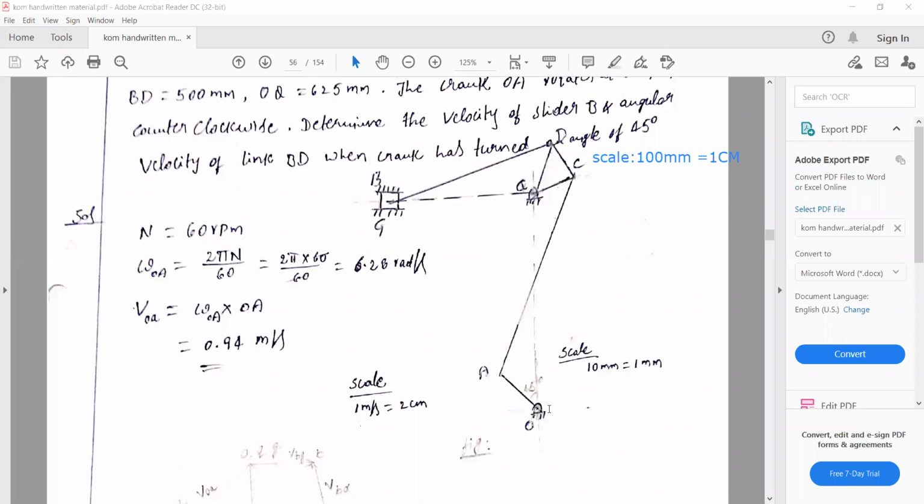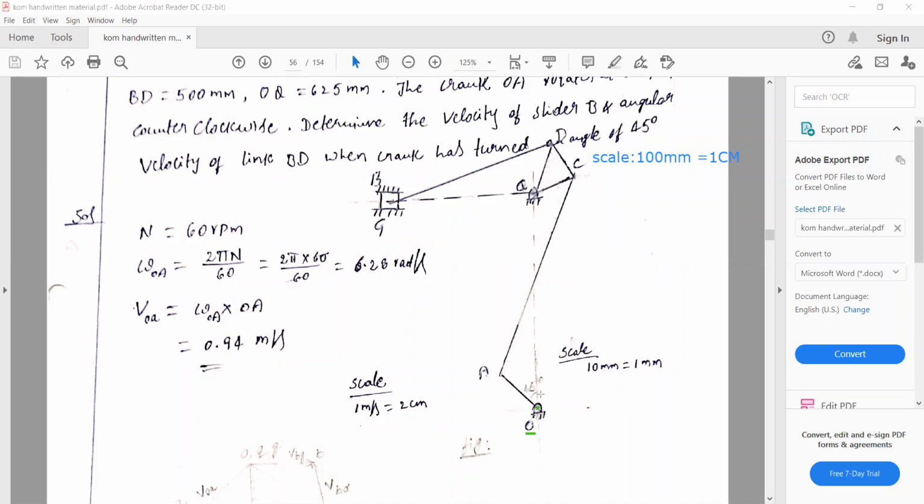So now choose a point. Just you have to start a point O. And the angle is also there.